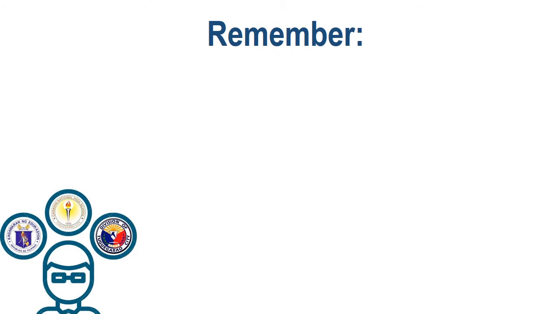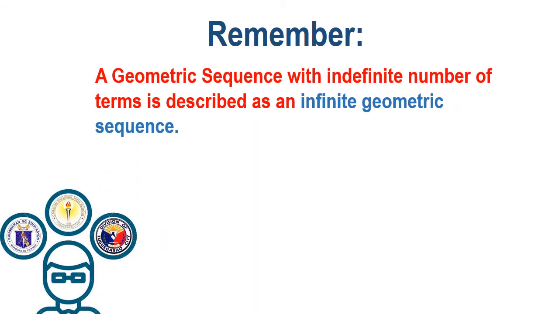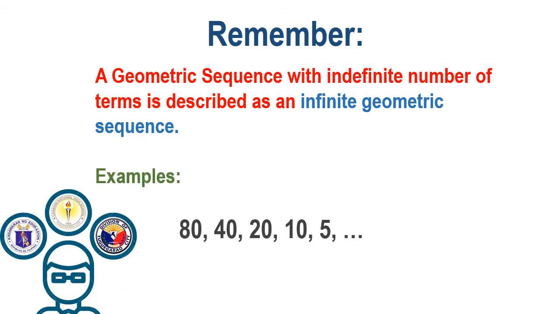On the other hand, a geometric sequence with indefinite number of terms is described as an infinite geometric sequence. Examples of infinite geometric sequences are the following: 80, 40, 20, 10, 5, and so on. 1 half, 1 sixth, 1 18th, 1 54th, and 1 over 162, and so on.